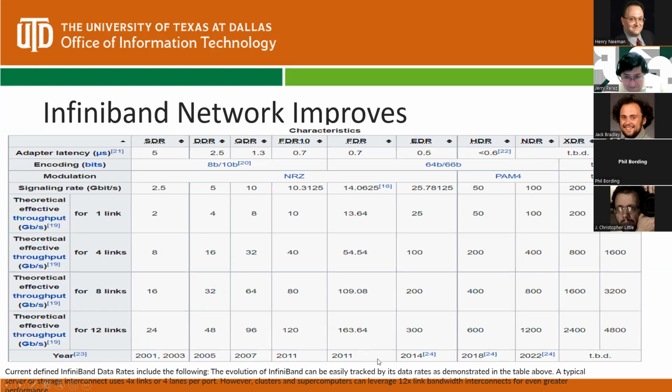Now we have some HDR, I believe, here at UTD, but the NDR, XDR, and GDR are changing the game. It's dramatic compared to almost 20 years ago. 20 years ago we were at 24 gigabits per second, and today we're at 4,800 gigabits per second.